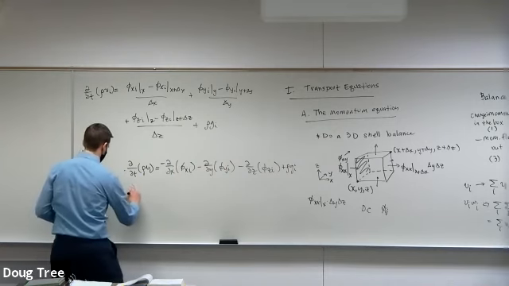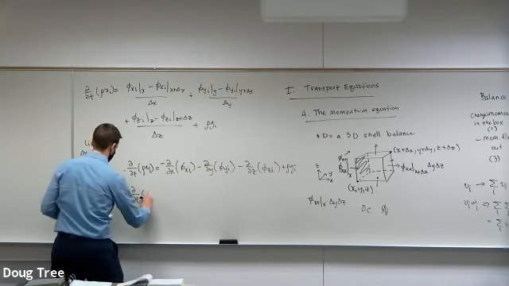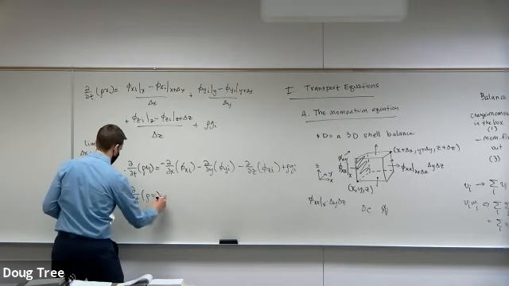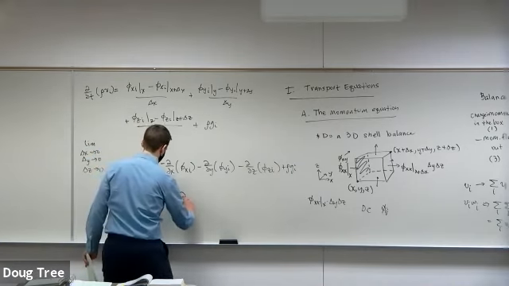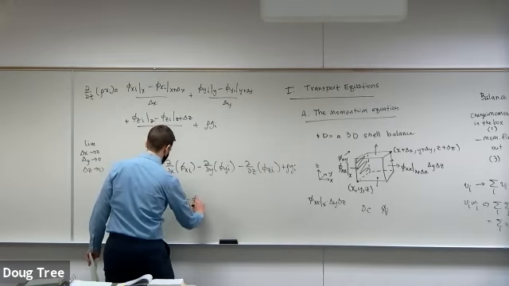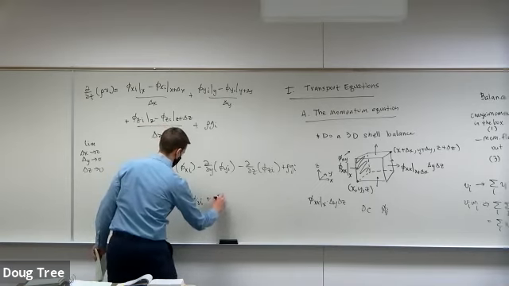We have d dt of rho vi, and in index notation, I write minus d dj of phi ji plus rho gi.